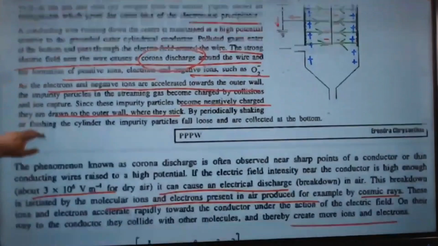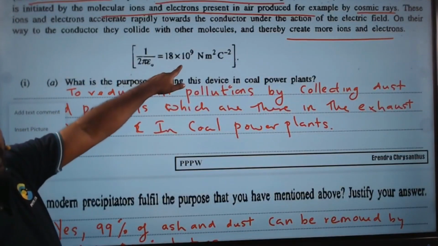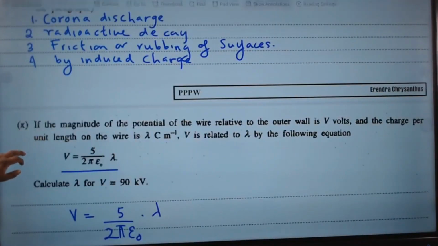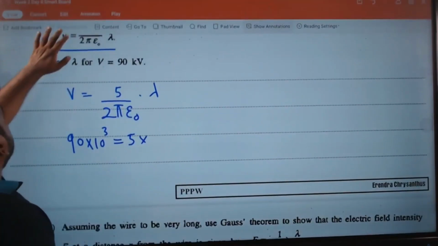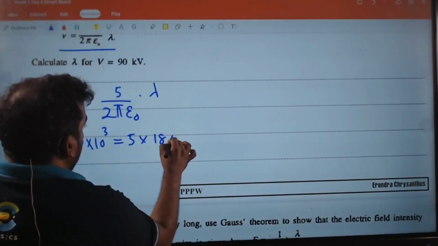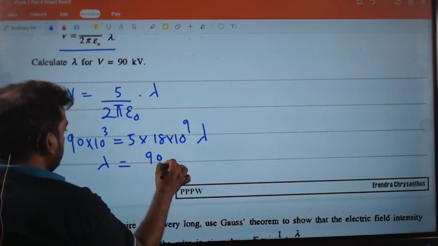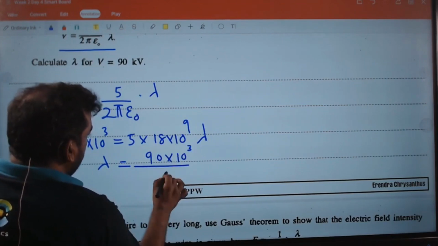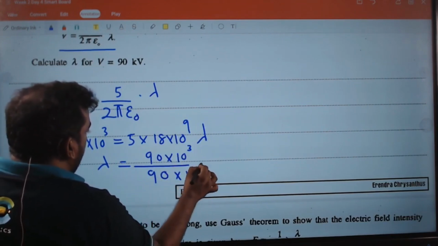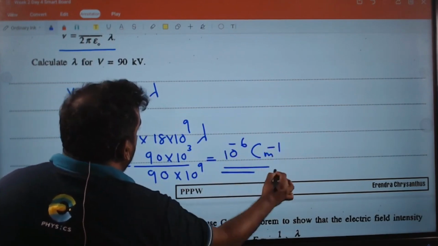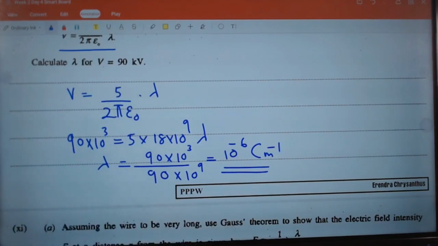So lambda is 5 times 10 to the power minus 6 coulomb per meter. Right. Next one.